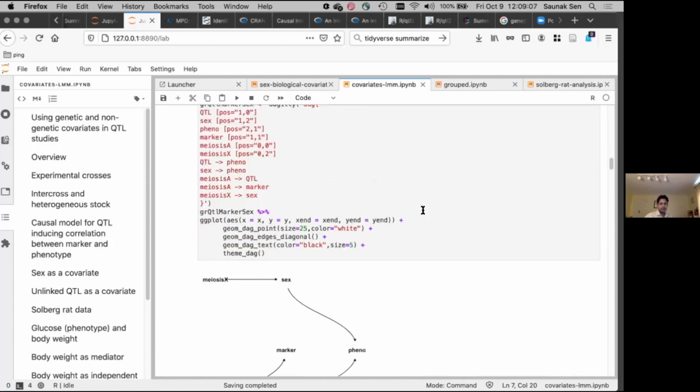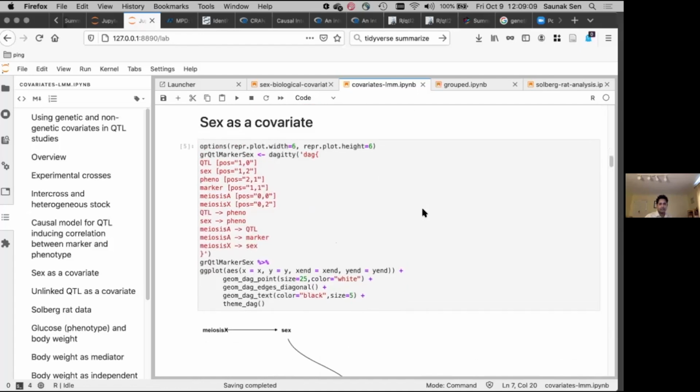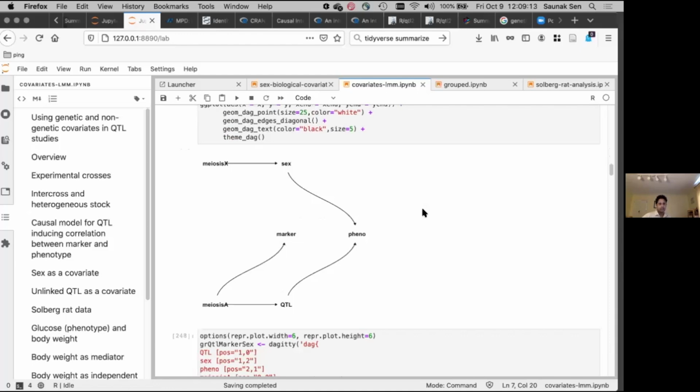In the previous lecture, we discussed how we can have sex as a covariate. If you draw out the causal relationships and the role of sex in a phenotype, if you have a QTL on an autosome, then you have separate recombination events: one will be causing the sex, an event on the X chromosome, and a different recombination event will be approximately randomizing the QTL, which is causing the phenotype.